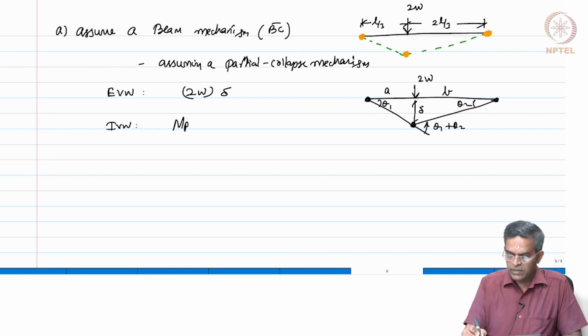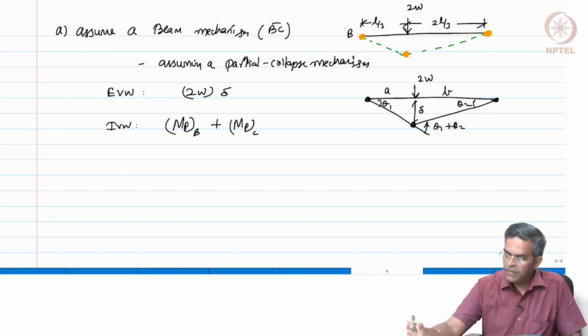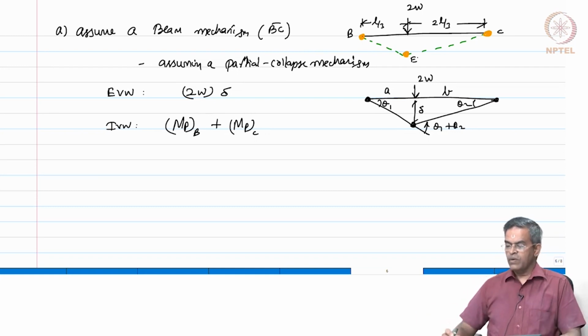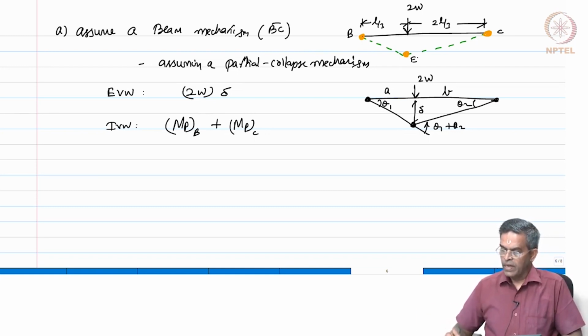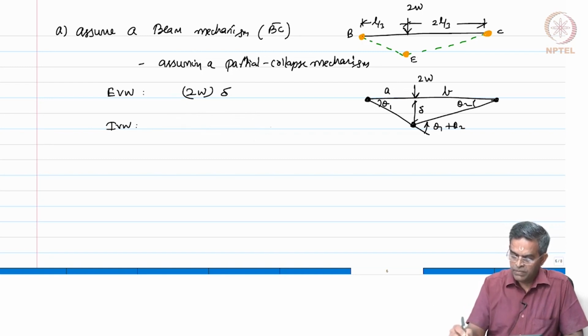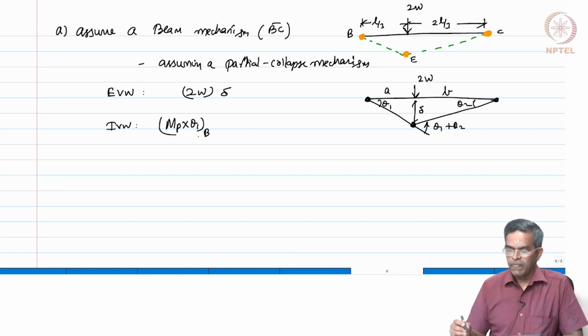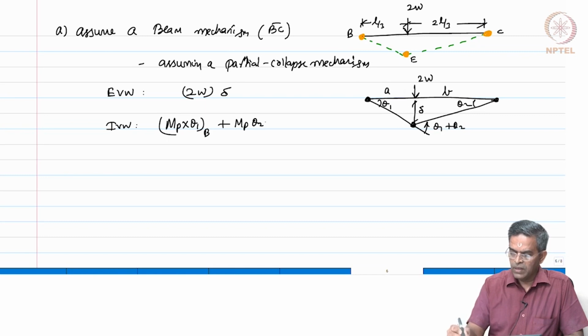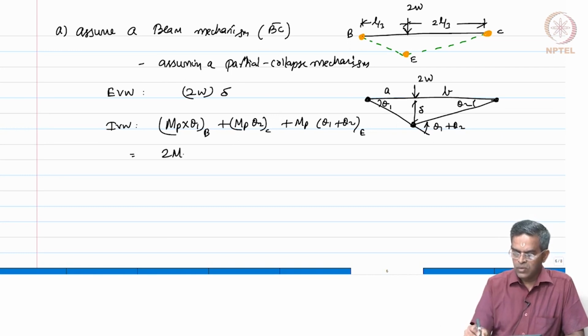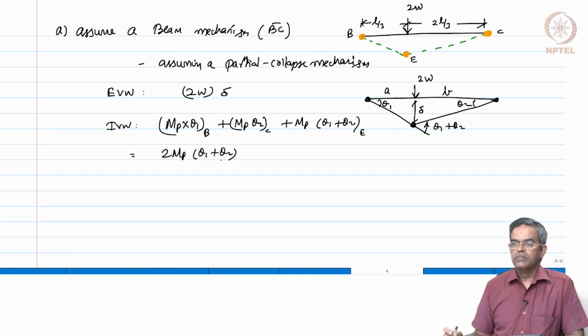So, I have one plastic hinge formed at B, this is B, this is C and this is E, and one plastic hinge at C. So, this is Mp into theta 1 at B, plus Mp into theta 2 at C, plus Mp into theta 1 plus theta 2 at E, which becomes 2 Mp (theta 1 plus theta 2).